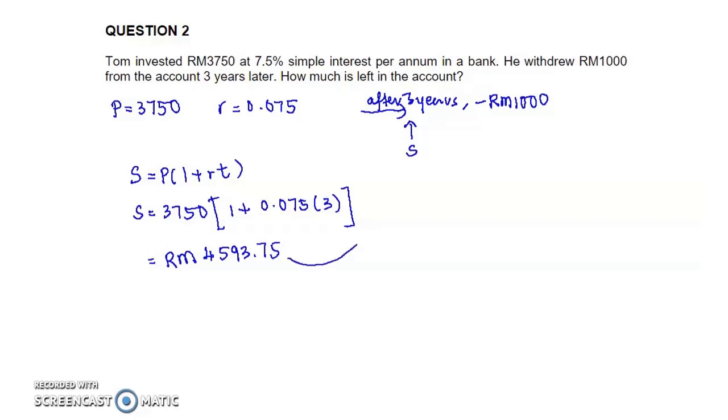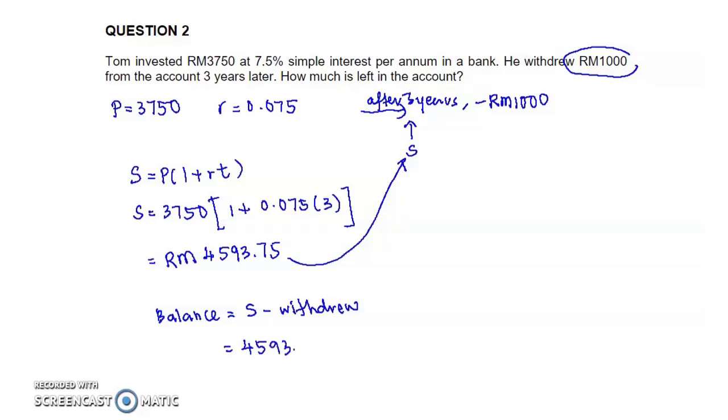This is the amount after 3 years. Now he withdrew 1,000, so balance equal to S minus amount withdrawn. So in the account, the balance will be RM3593.75. That is how much is left in the account.